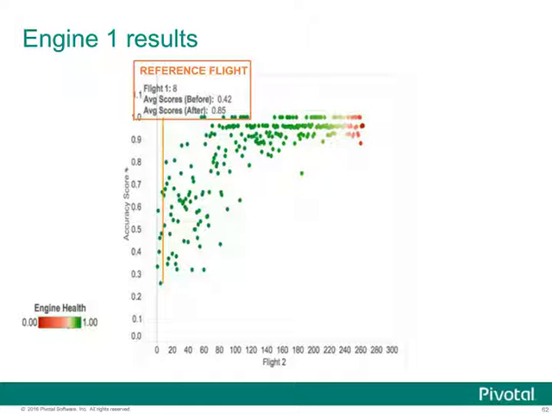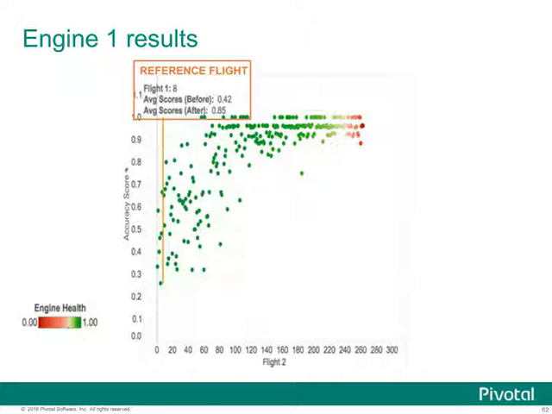Flight 2, meaning the one that's being used as a comparison point to the reference flight 8. We can see that the nearby ones, although there's difference, of course, in the accuracy, there's lower accuracy overall, and the ones very late on in the range of 200 plus flight number are highly accurate, meaning very different. So we're able to easily differentiate anything coming from flight 8 from, for example, flight 200.